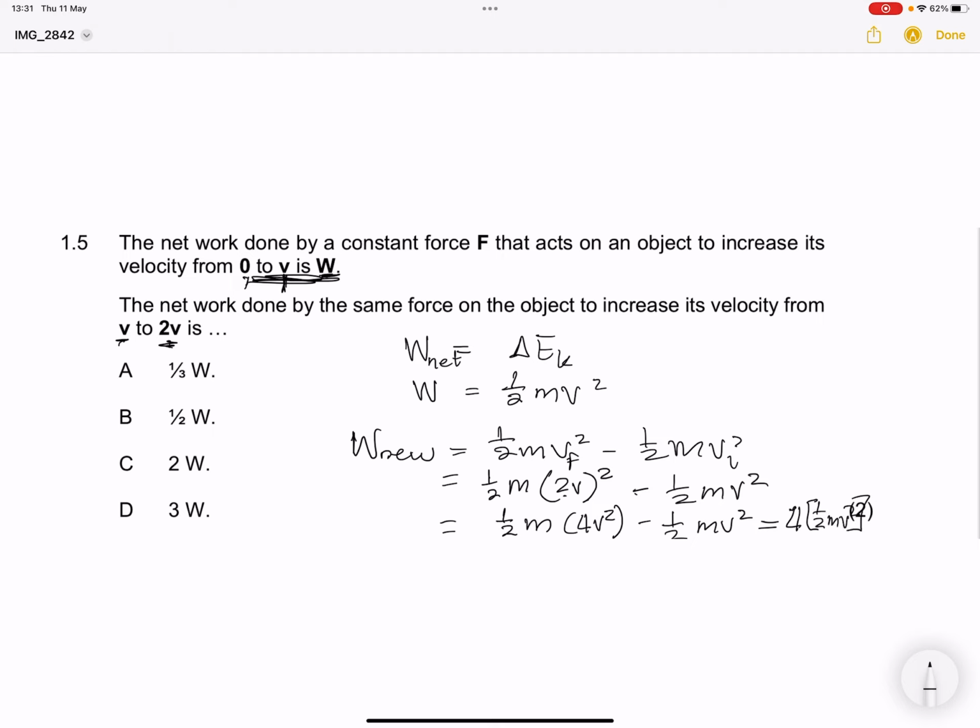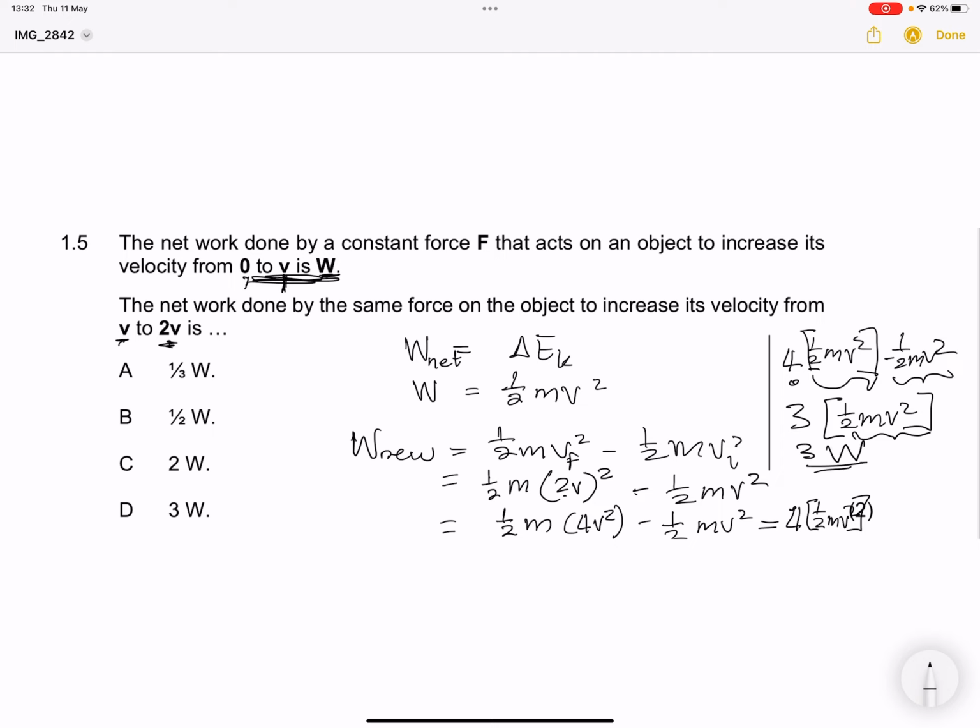Sorry about that, in fact, I should be doing it over there. That's 4 times half mv squared, minus half mv squared. Now 4 times something minus 1 times something will give us 3 times half mv squared. And I hope you can see that this is W, so our answer would be 3 multiplied by W, because W is a half mv squared. So the correct answer there should be D.